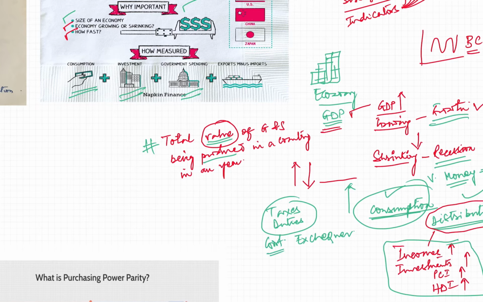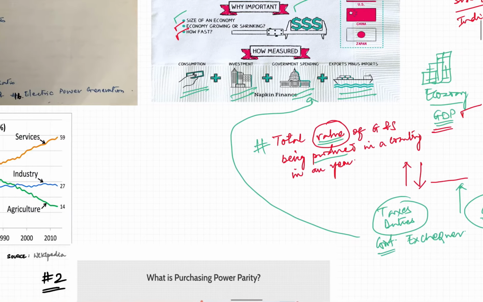And the government spends a certain amount of money from this. And GDP is also measured by exports.